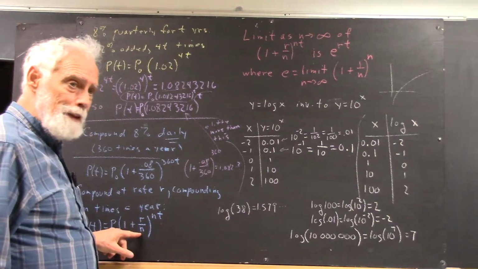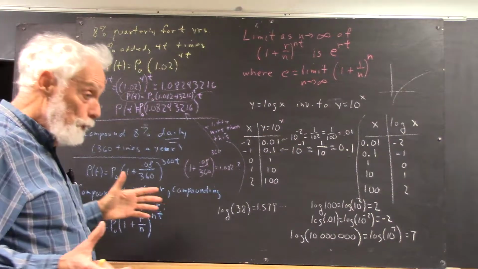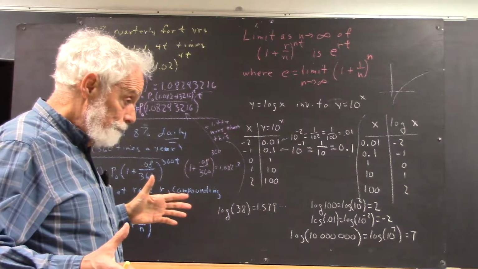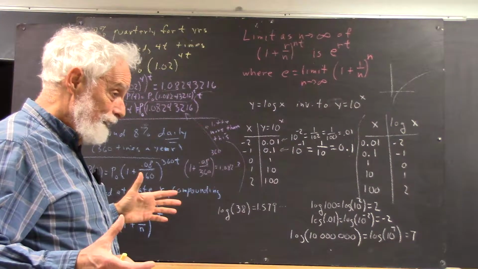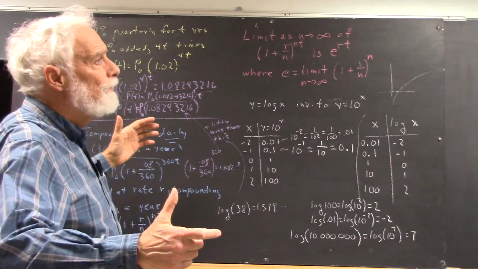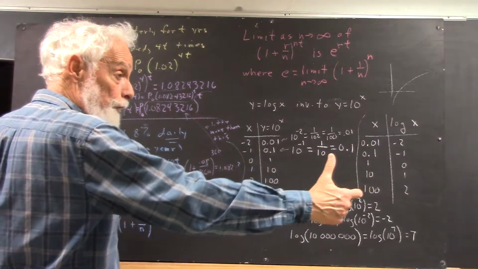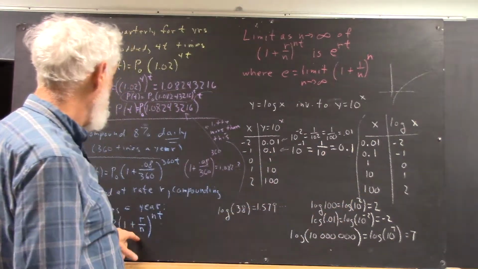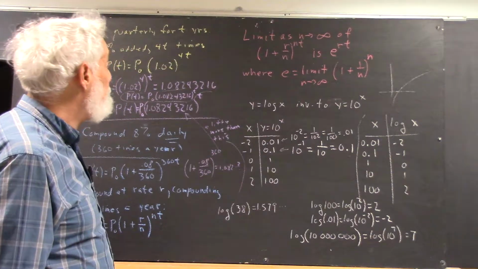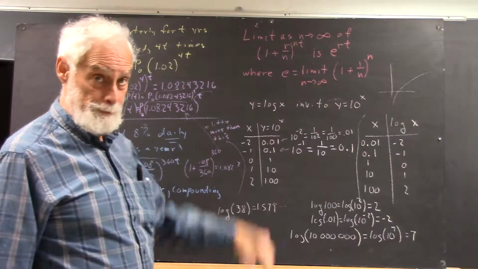The number of times we do this in a year is going to be a number that, before you get to the decimal point, has, I think, 28 digits. It's going to be a huge number of times per year. Okay? So we're going to let n approach infinity, and we can do that.